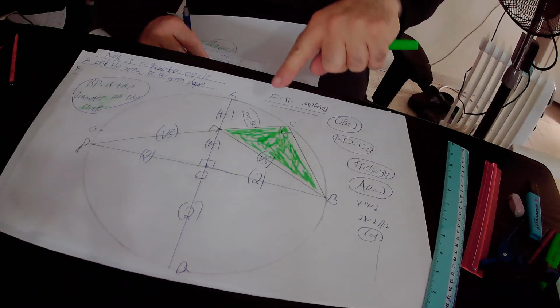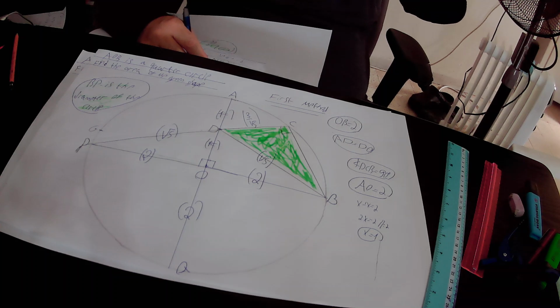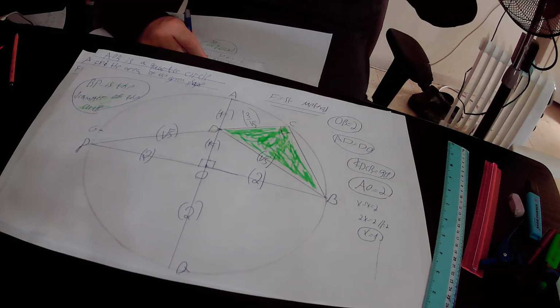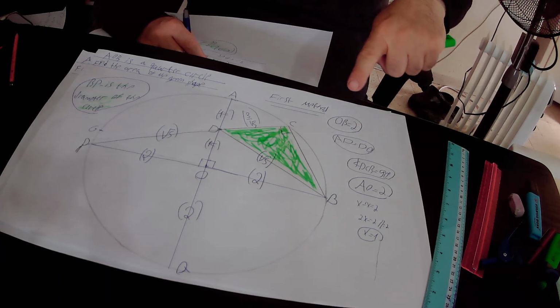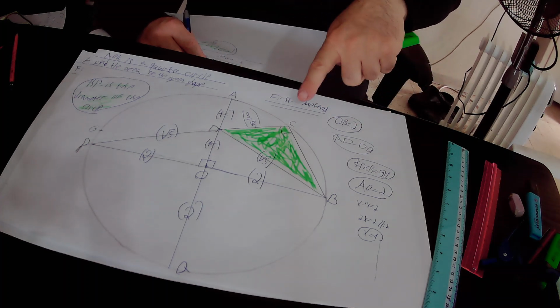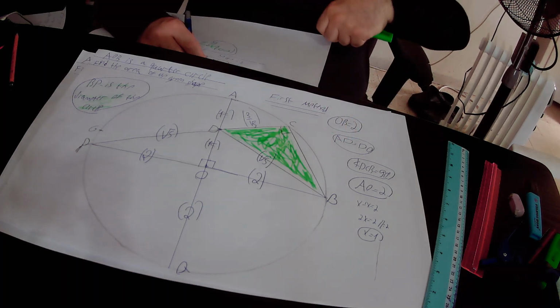Our mission is to find out the area of this green shape, so I copy the right green triangle DCB in a new page, and we will implement the Pythagoras theorem on this right triangle DCB in order to find out the missing side CB.